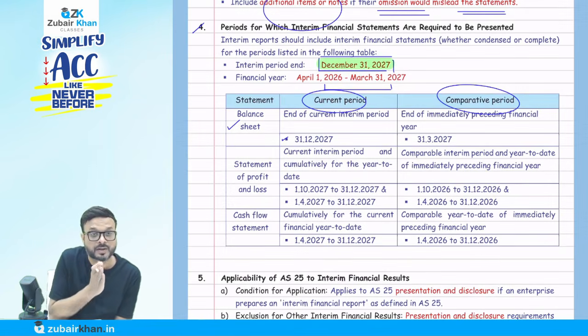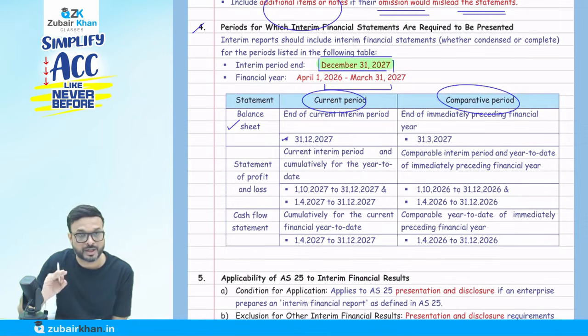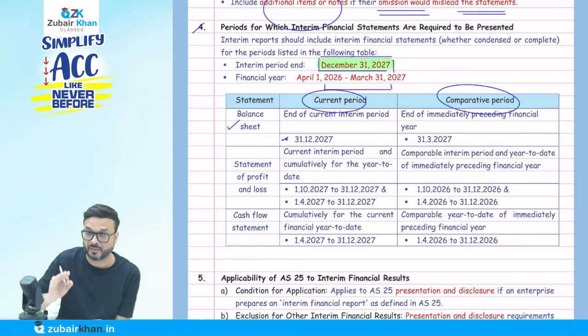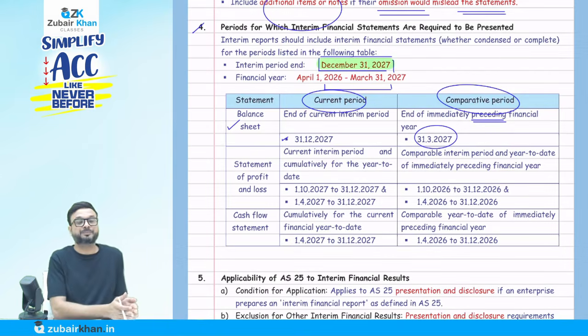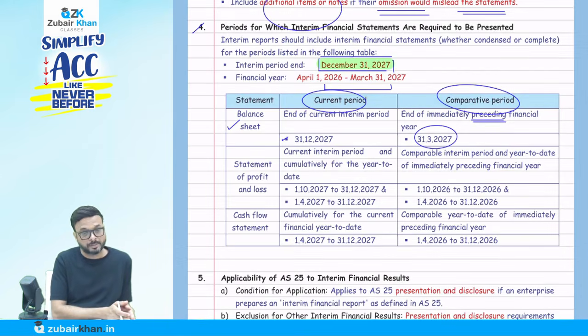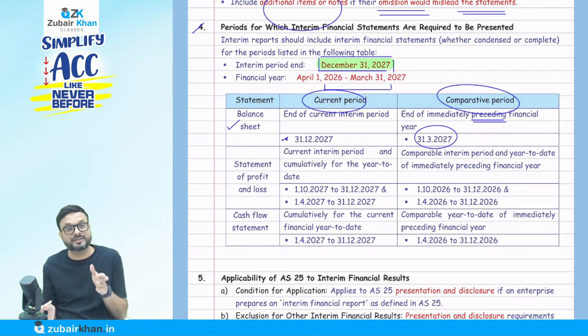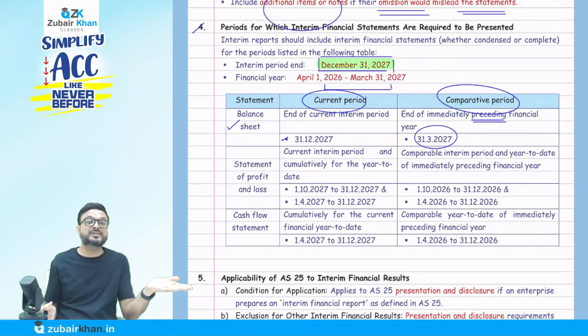But for the purpose of comparison, we are not going to present the balance sheet of 31st of December 26. No. We are going to present the balance sheet at the end of the immediately preceding financial year, that is 31st of March 27.